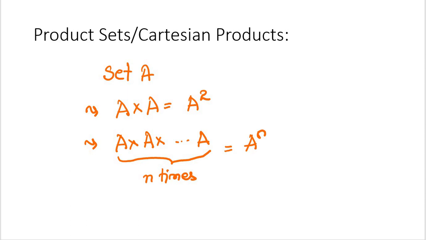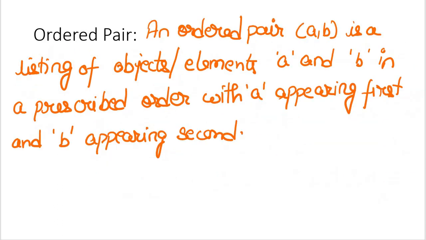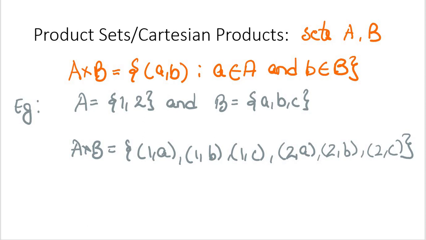And now, since we have talked about relation, we have talked about ordered pairs, we have talked about Cartesian product, now let's formally talk about relations. Previously we saw the term relation. Let's talk about relations in set theory.